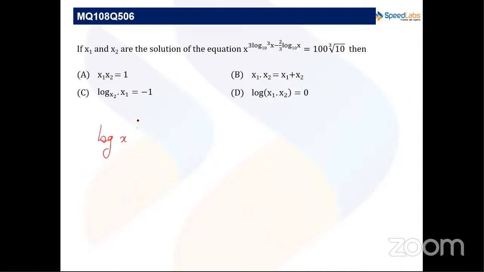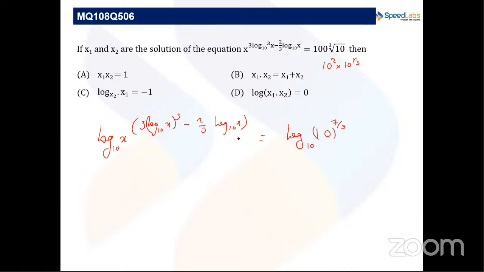So this will be log of x to the power 3 log x to the base 10 whole cube minus 2 by 3 log x to the base 10 equals to log 10 to the power 2 into 10 to the power 1 by 3, that will be 7 by 3.